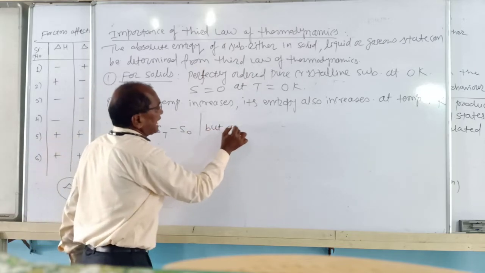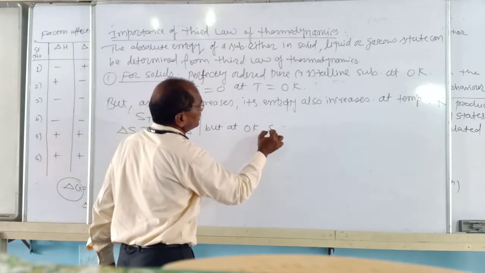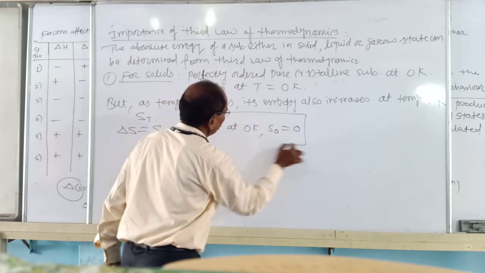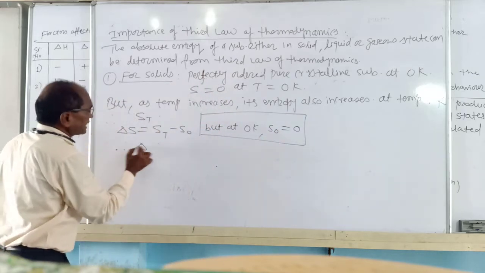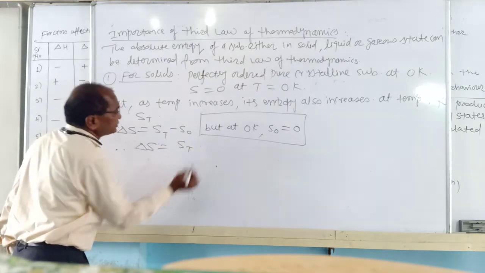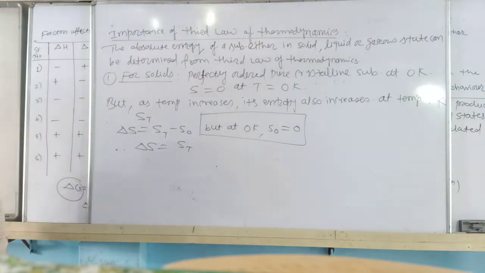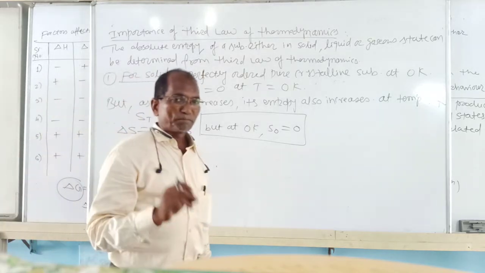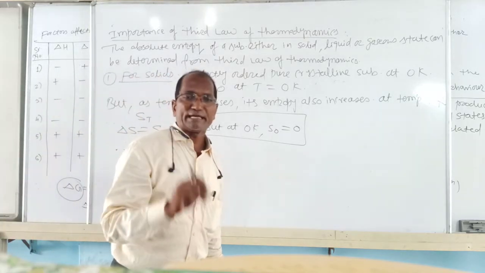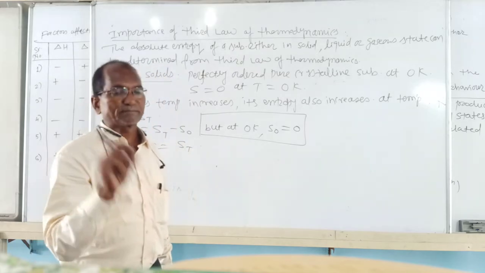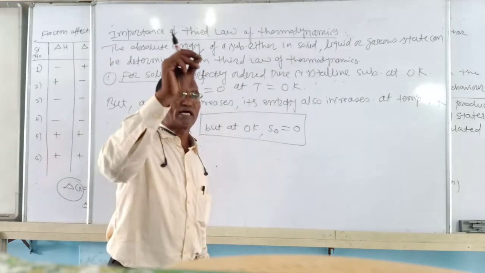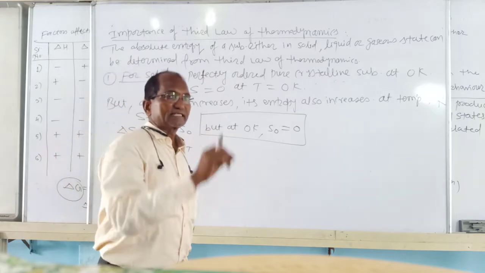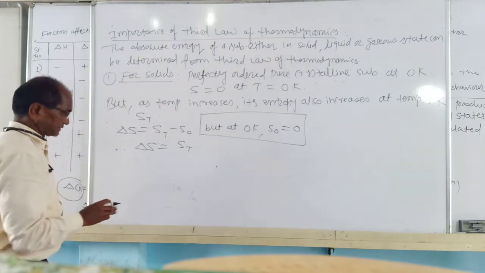But at 0 Kelvin, S0 is equal to 0. Therefore, delta S is equal to ST. And ST is the entropy of perfectly ordered crystalline substance at a temperature T Kelvin, and temperature T Kelvin is greater than 0 Kelvin temperature.